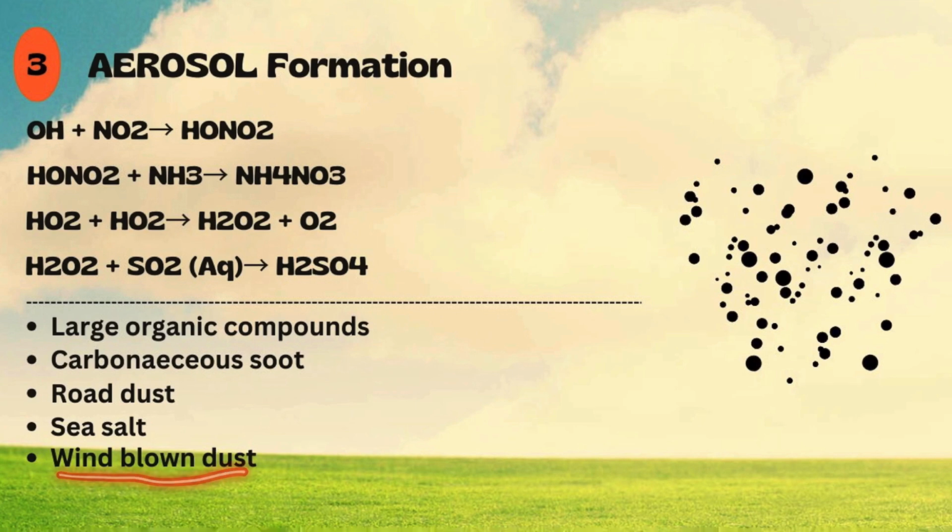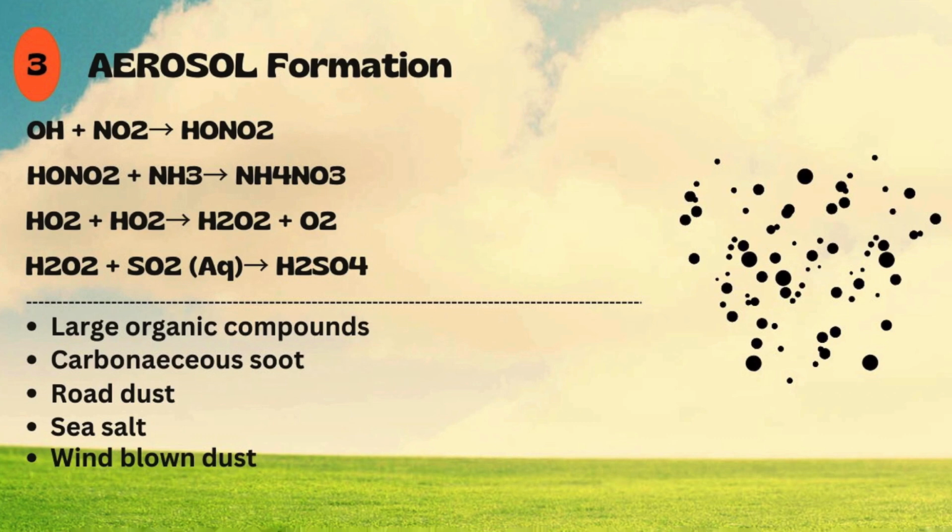Wind blown dust is another source of aerosol formation, and it is mostly present in desert regions, and it travels very long distances, and it can be transported up to the Atlantic and Pacific Oceans. These wind blown dusts add to the background in many cities like Beijing, China, and contribute to the brown clouds in Asia.